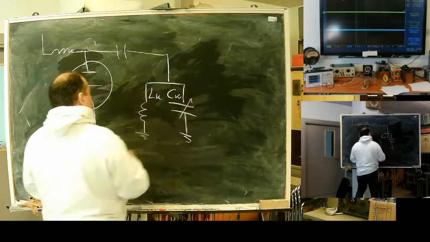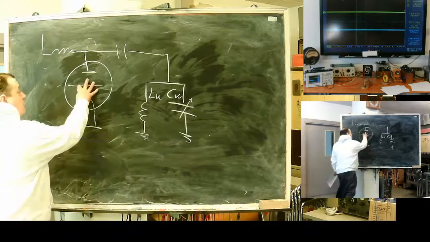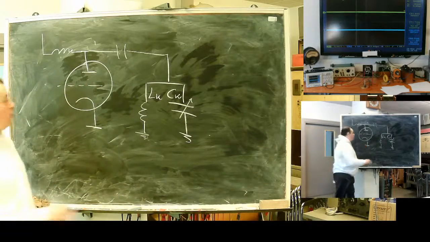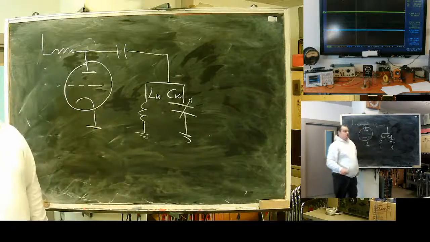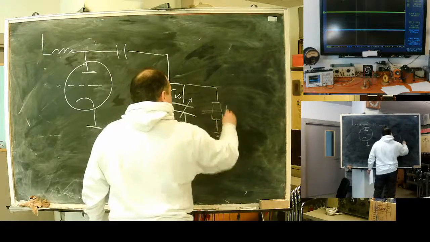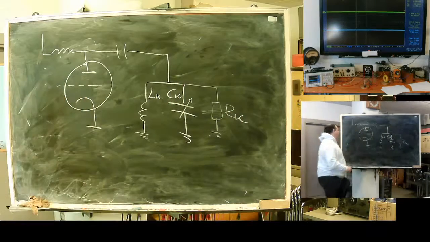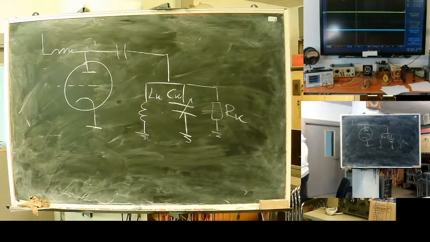I can change it. Linear system loaded with a resonant circuit. I will add resistance, it was loss in contact and resistance of load. This, I have this load here.